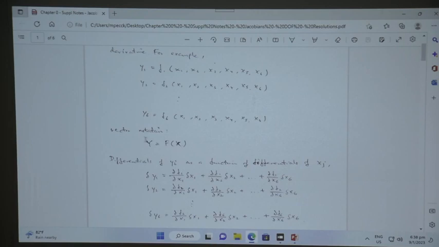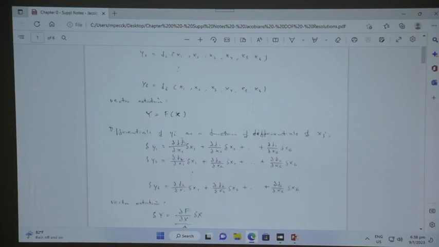We use a capital Y and capital F to represent the vector form. If we differentiate them, yi as a function of xj, you will have the partial differential: delta y1 equal to delta f1 over delta x1, delta x1, plus so on.